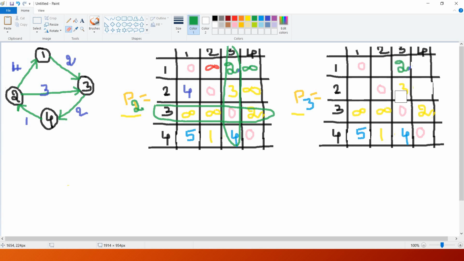So now I am keeping the third row and third column from P2 the same. I'm just trying to find out, with 3 as intermediate vertex, is there any shorter path?